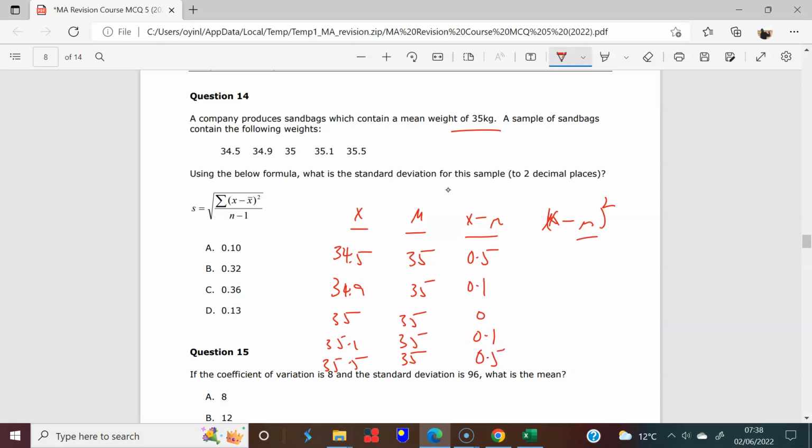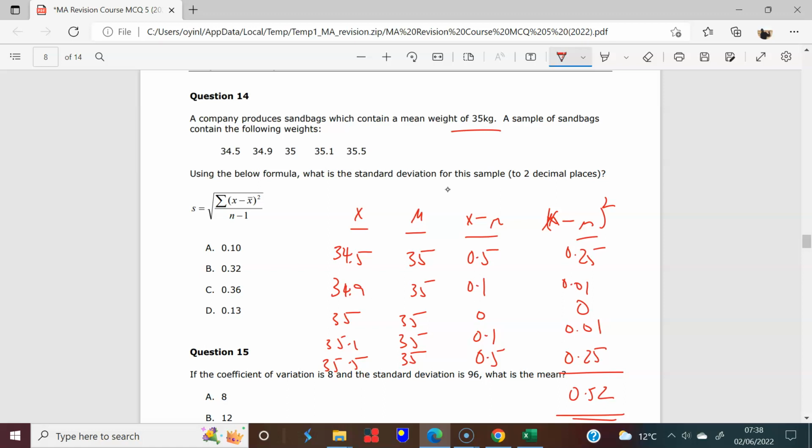So let's square that: 0.5 times 0.5 is 0.25, 0.1 times 0.1 is 0.01, this is 0, 0.01, 0.25. Let's add all these together: 0.25 plus 0.01 plus 0 plus 0.01 plus 0.25, and you have 0.52.